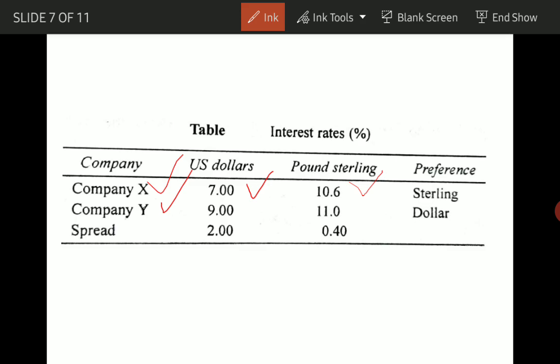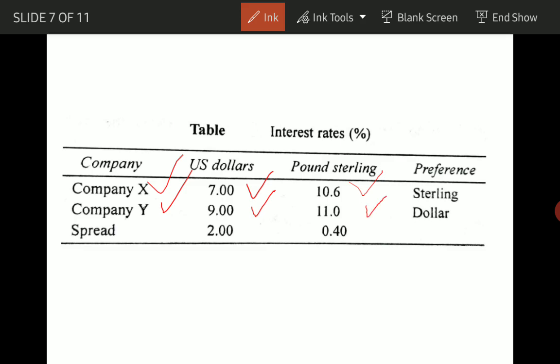On the opposite side, company Y has the chance of getting a loan in US dollars and pound sterling. In the US dollar market it would get a loan at the rate of 9%, and in pound sterling it would get 11%.